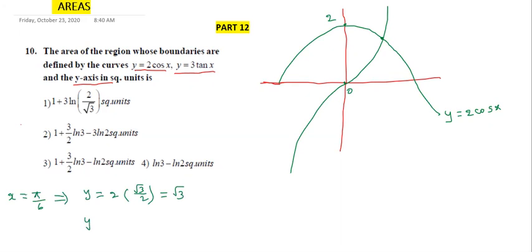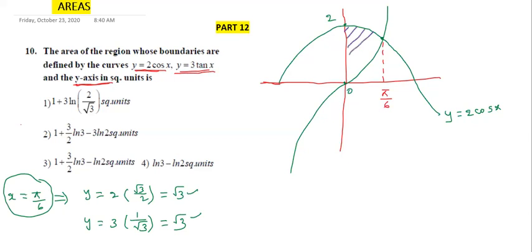In the second curve, y is equal to 3 tan pi by 6, that is 3 times 1 by root 3, which is root 3. So at x is equal to pi by 6, both curves get the same value. So this point is pi by 6, and here y is equal to 2 cos x, y is equal to 3 tan x and the y-axis. So this is the required area.